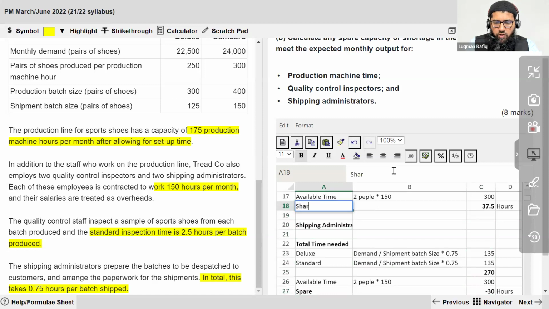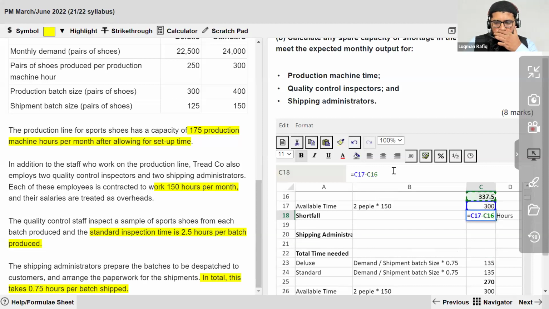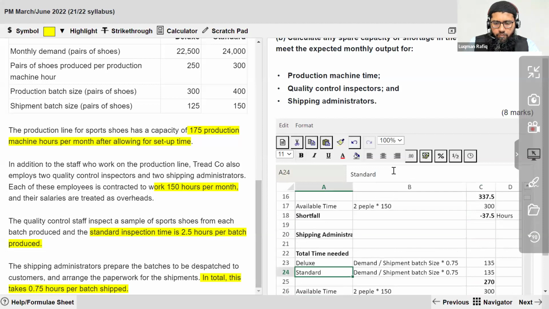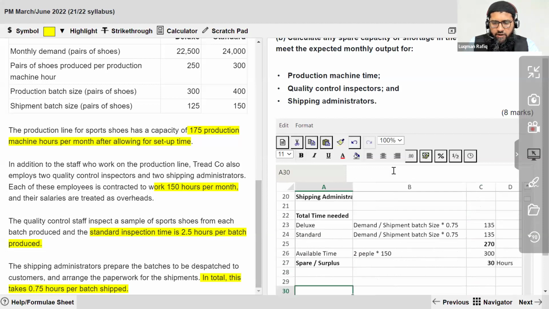This was shortfall. Here's the surplus or the spare. Here's the surplus or spare. Right? You get it? So this is what it is all going to be.